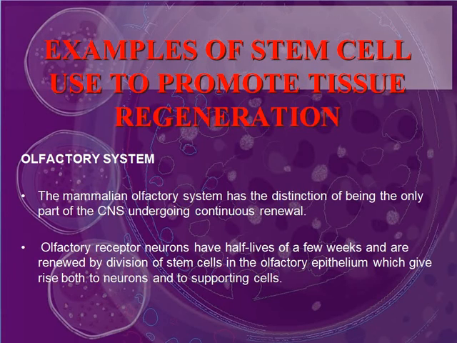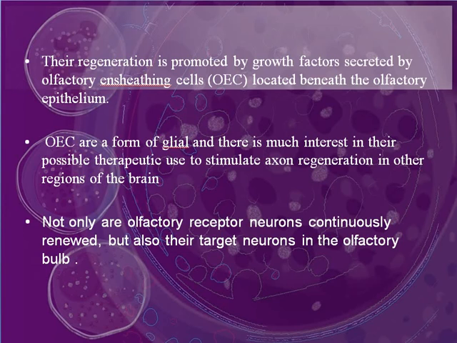Olfactory receptor neurons have a half-life of a few weeks, and are renewed by division of stem cells in the olfactory epithelium, which give rise to both neurons and supporting cells. Their regeneration is promoted by growth factors secreted by the olfactory ensheathing cells (OEC) located beneath the olfactory epithelium.